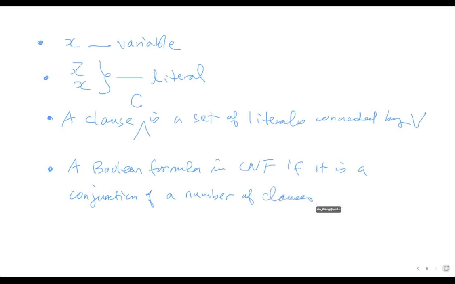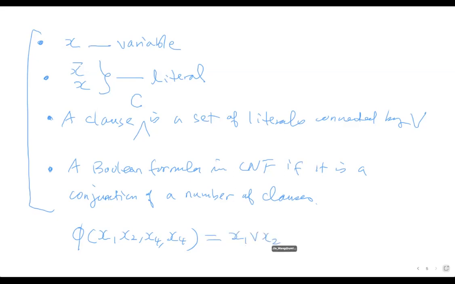Which means that, to put this into context, let's say I have a Boolean formula with 4 variables. We can have, let's say, x1 or x2, and x1 or x2 or x3 bar, and x2 bar or x4.